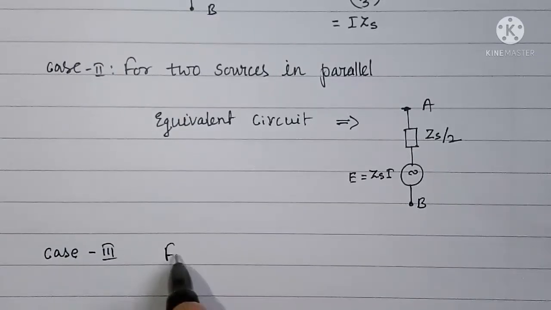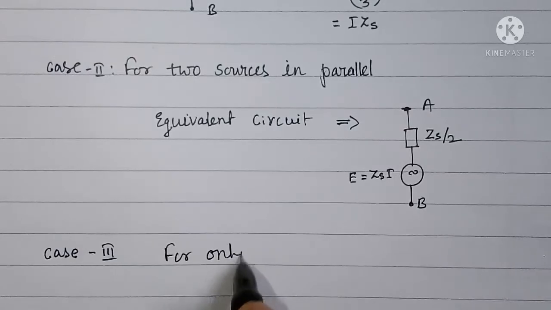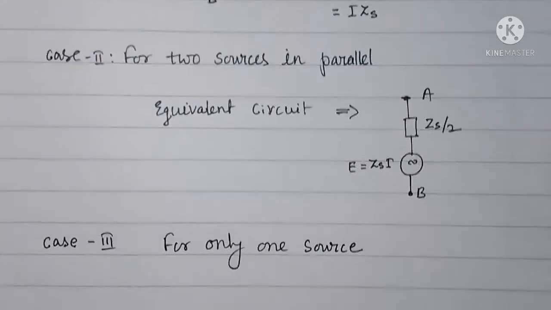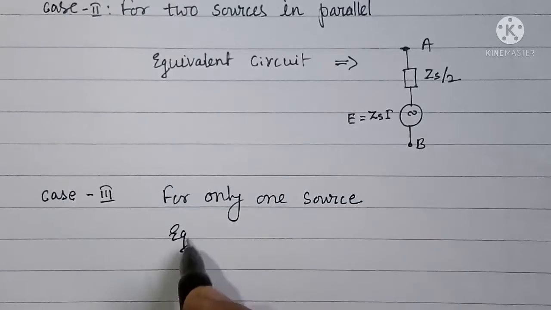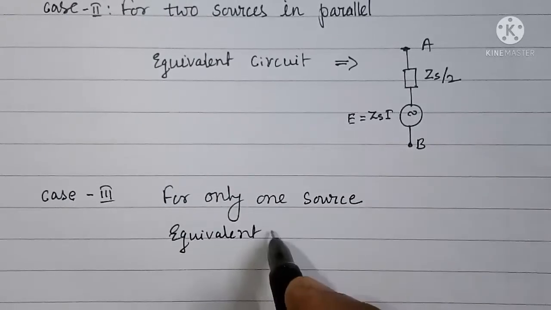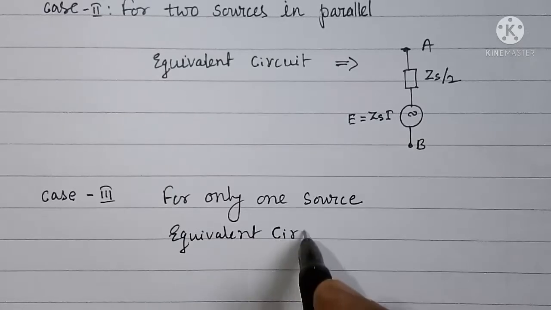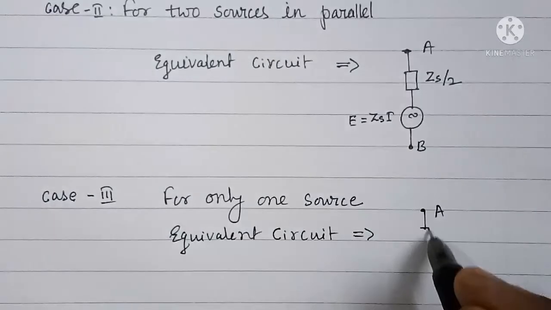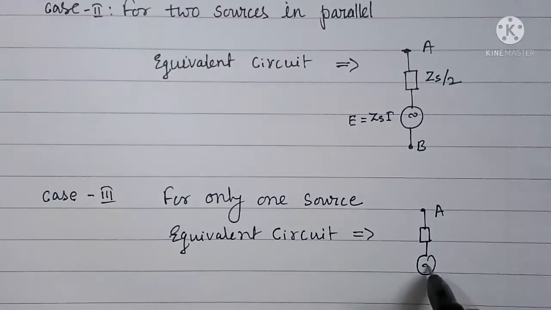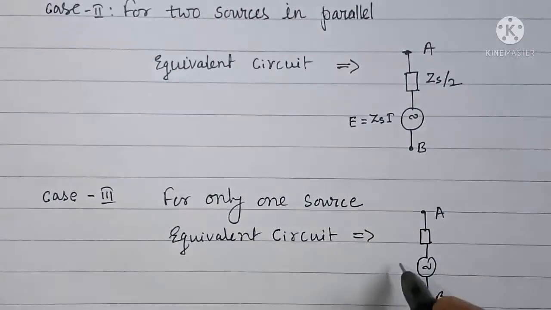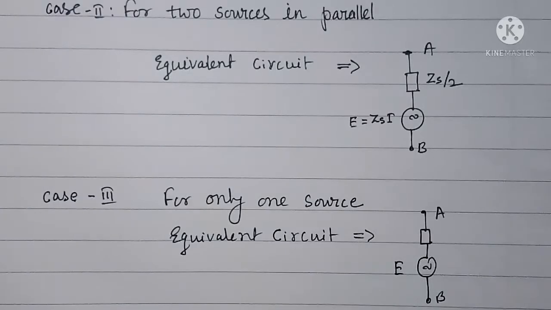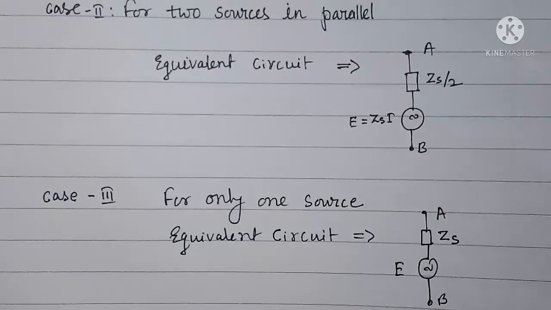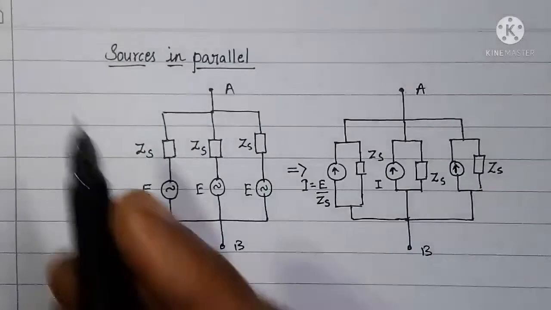Case 3, for only one source, the equivalent circuit will be ZS in series with E between terminals A and B. Let us call the three source case as case 1.